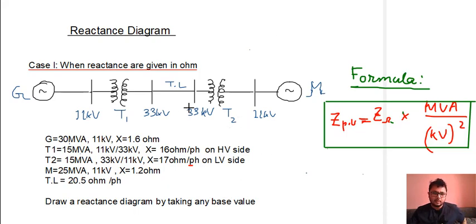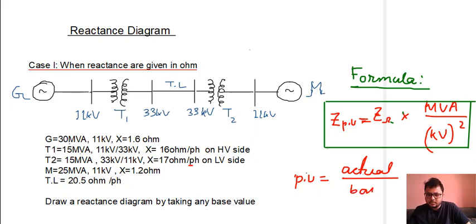Generally, for calculation of per unit value, we take the base value as the highest. PU is actual by base, and base equals kV square by MVA.